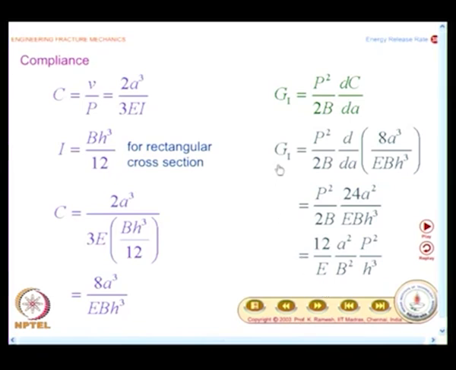The energy release rate for a double cantilever beam specimen is 12 by E into A squared by B squared into P squared by h cube.